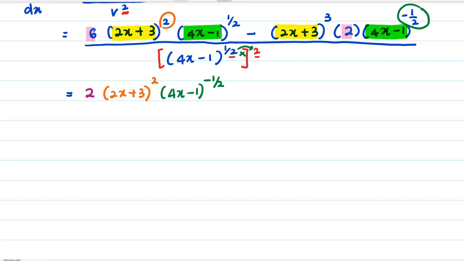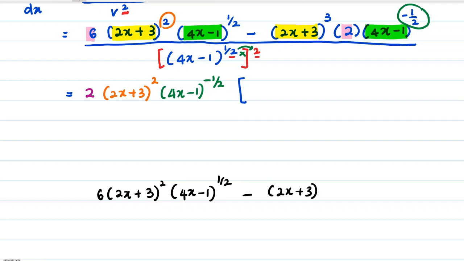So what will be the remaining functions in your bracket? Like what I did before, we have to simplify or do it one by one. If you can't see it, we do it one by one. For example, the original is 6, 2x plus 3 squared, 4x minus 1 to the power of 1 over 2, minus 2x plus 3 to the power of 3, 2, 4x minus 1 to the power of negative 1 over 2. For both terms we will divide by your factor.